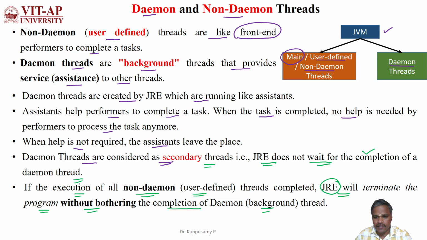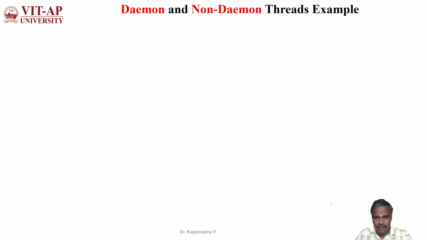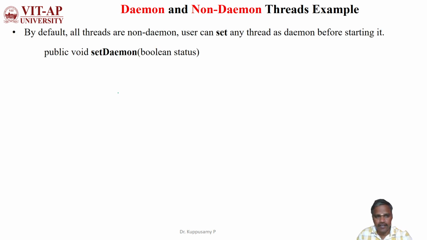The daemon threads run in the background, so the Java runtime environment does not bother about the completion of daemon threads, right? So these will be terminated automatically once all the non-daemon threads complete the task, by terminating the entire Java program.